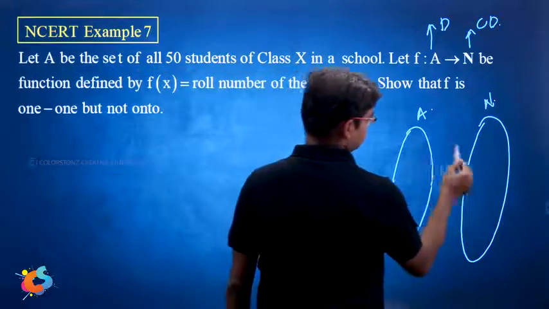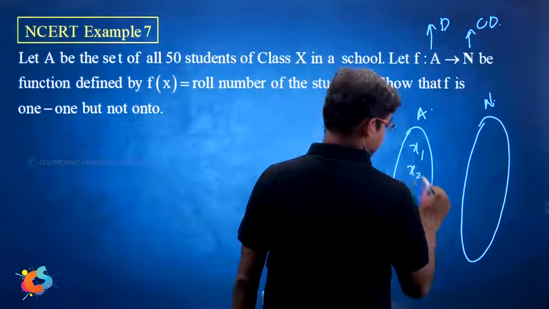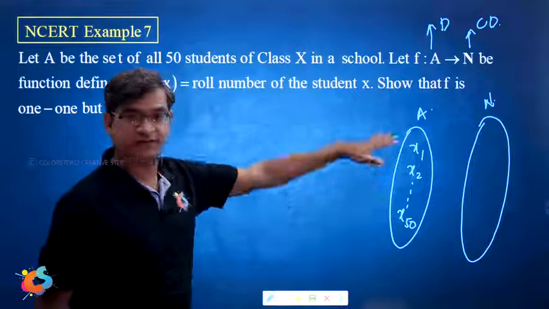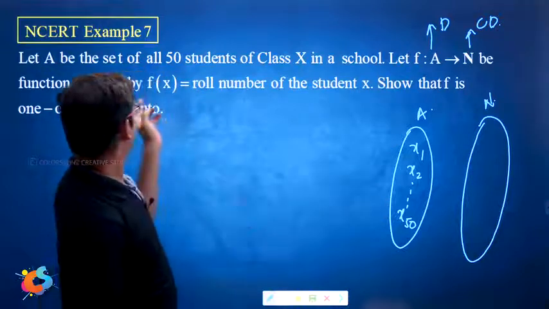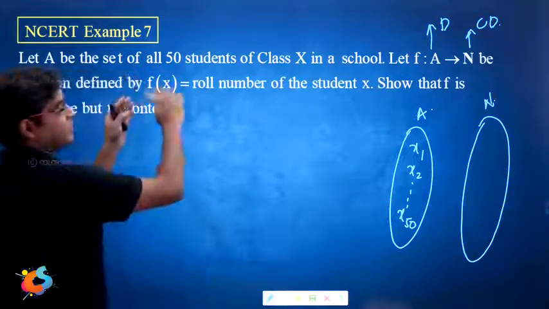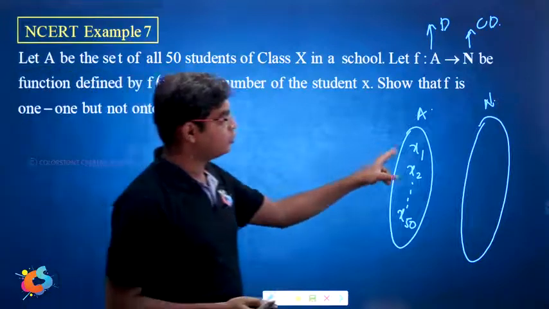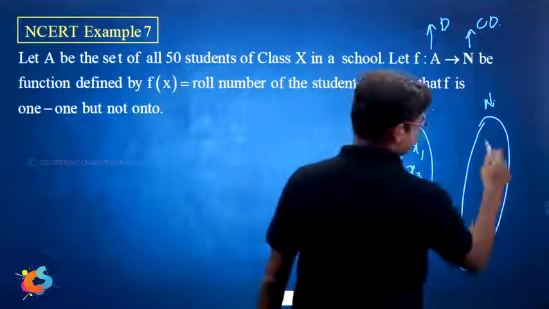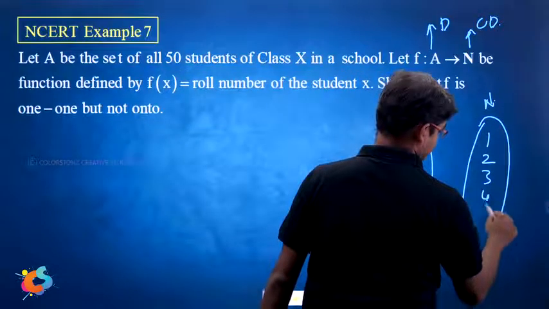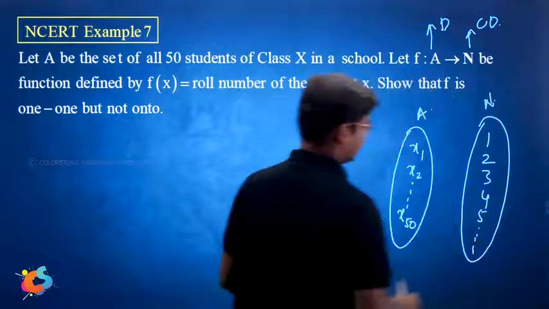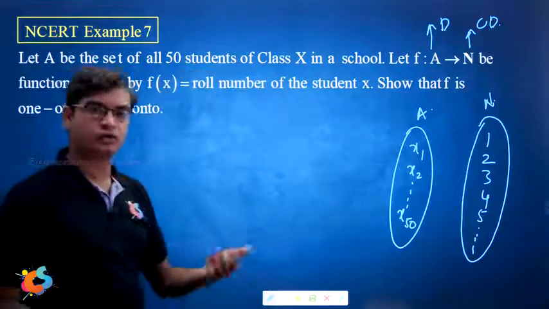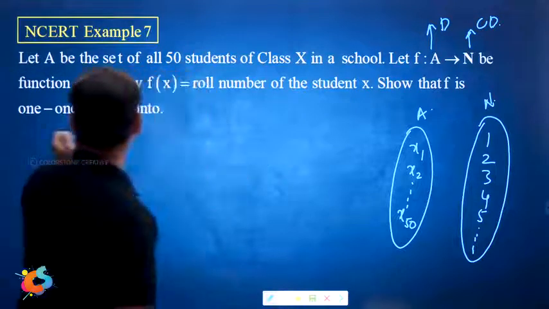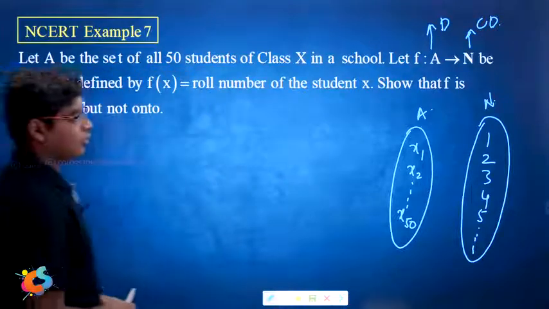Okay, so let us say the students are x1, x2, and so on up till x50 because there are 50 students, and f of x means this function will map the student to their roll number. And what is there in the second set? Natural numbers, 1 to infinity. So show that f is one-one but not onto.